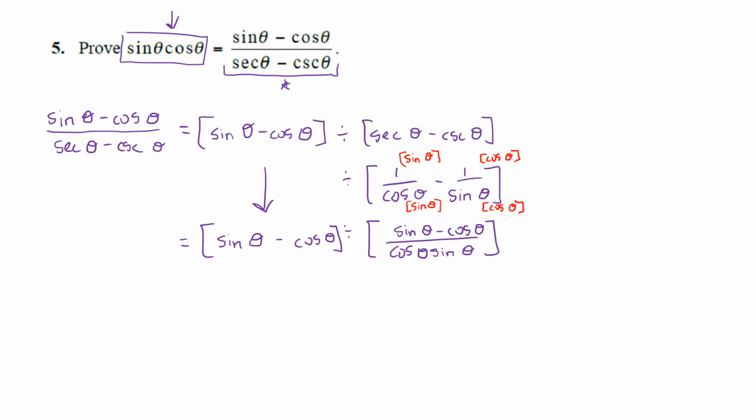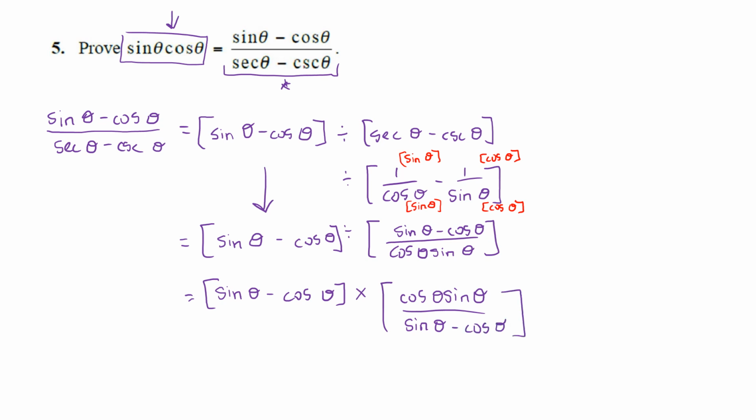So now let's apply that division symbol. So we have sine theta minus cosine theta times the reciprocal, cosine theta times sine theta over sine theta minus cosine theta.